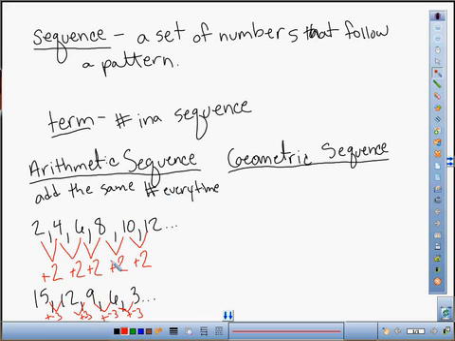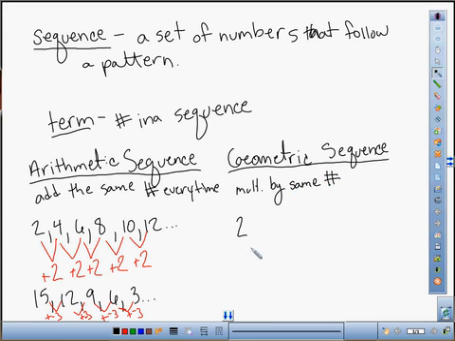Okay, those are pretty simple little patterns. Now, a geometric sequence is different. Arithmetic is adding by the same number every time. Geometric sequence is if we multiply by the same number every time. Now, it has to be the same number.